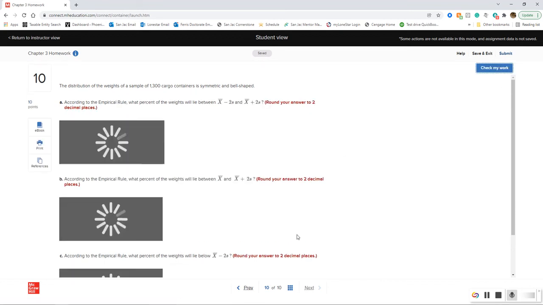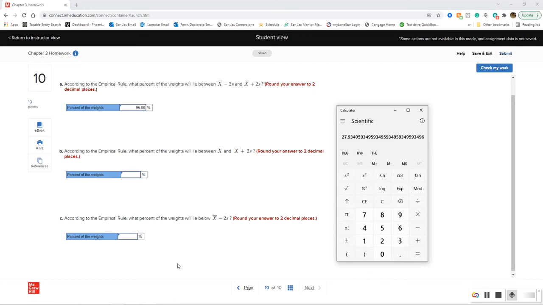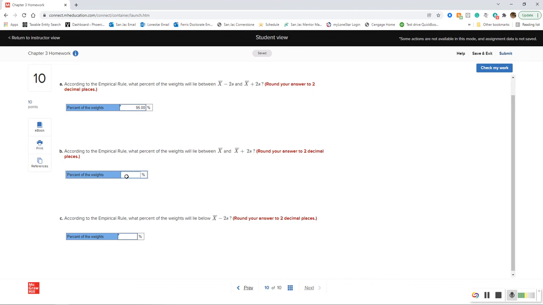Okay. According to the rule, what will lie between x bar and x bar plus 2? Again, since we're looking at basically half of this, we halve that. 47.5.